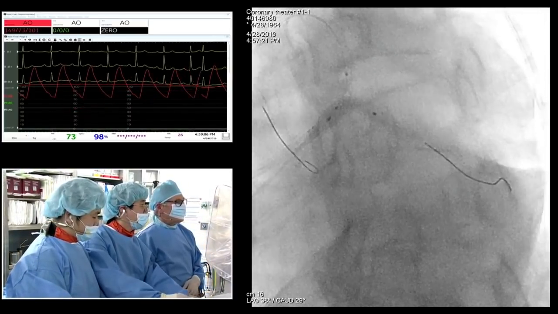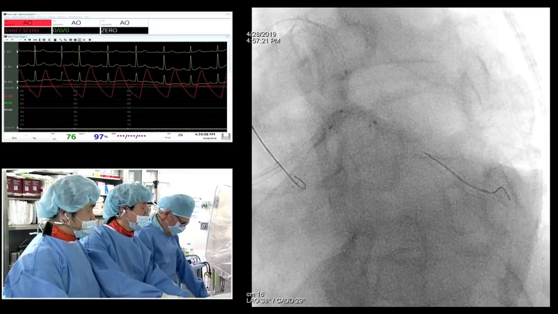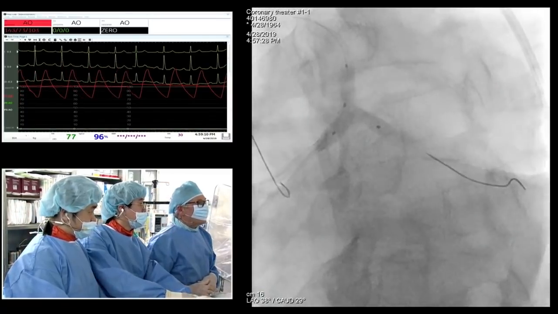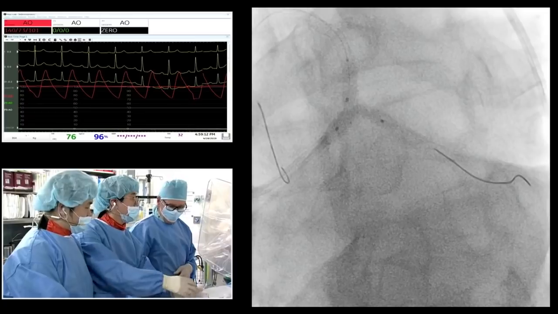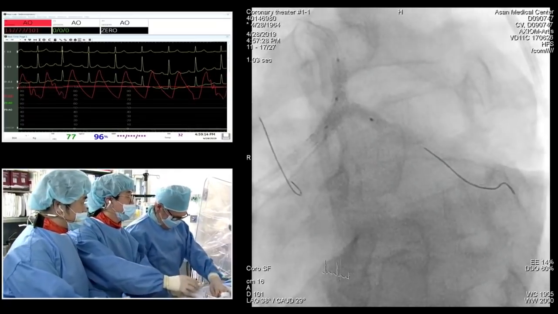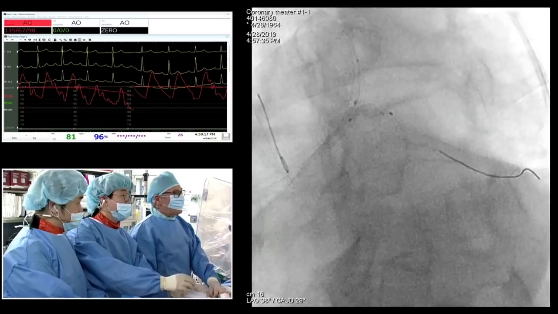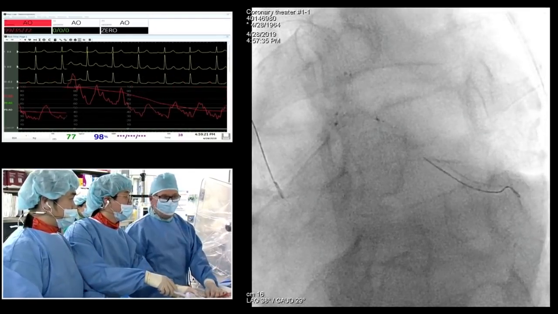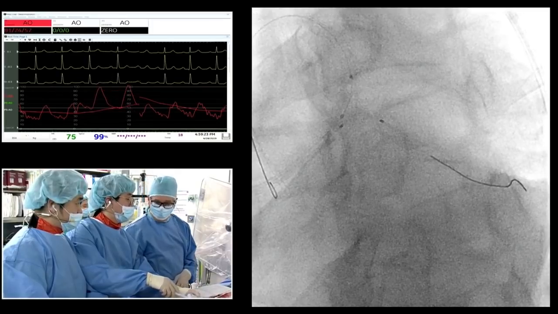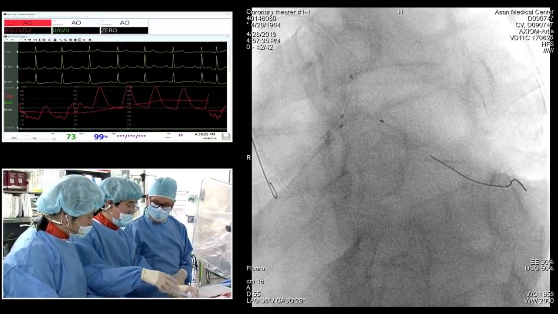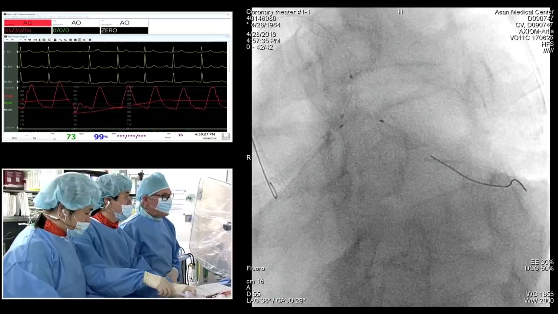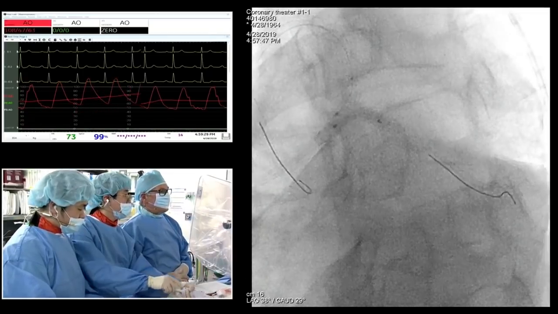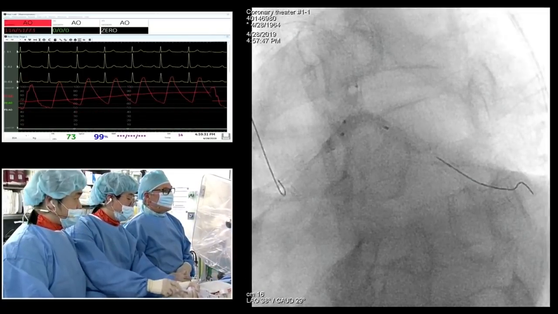Ready? 14. Ah, it moved. Okay, deflation. So we'll go to lower pressure. Okay, so 10 in the circ. 10. 10 in the LAD. 10.